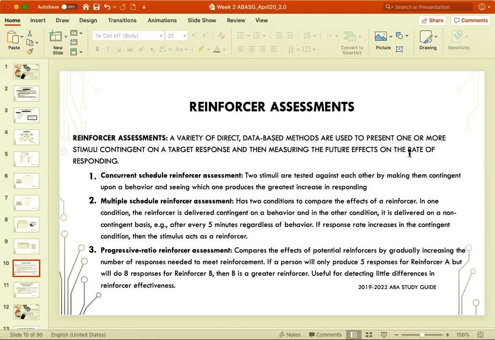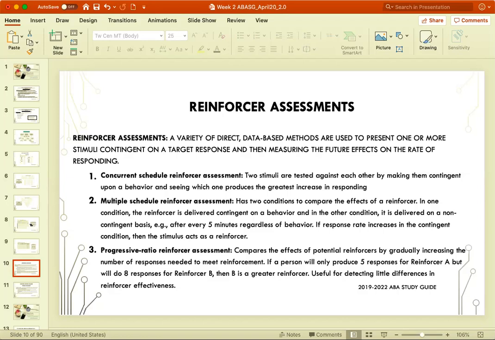So if I will do 15 sheets of homework for a cookie, but I'll do 18 for a Skittle, then your Skittle is going to be a greater reinforcer. This one's good for detecting little differences in reinforcer effectiveness. Progressive ratio, you progressively increase the ratio response requirement to see how many responses will be emitted by the individual based upon which reinforcer they're, quote, kind of like working for.